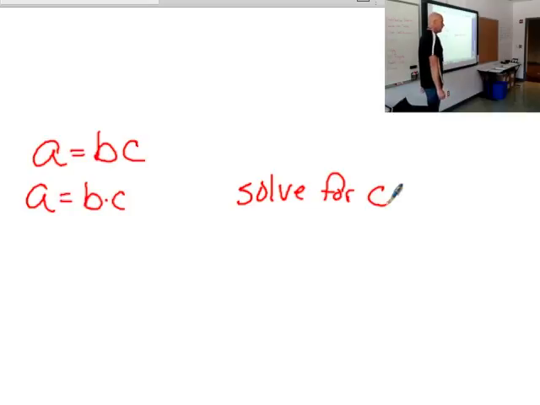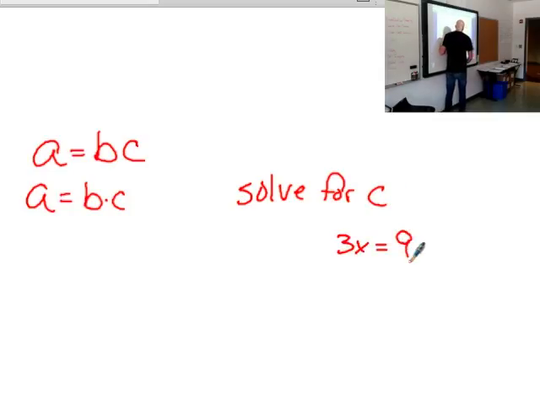Same thing as 3x is equal to 9. What do we do with 3? We divide, right? We do the same thing here. We're solving for C. We're solving for x. This is 3 times x. This is B times C. So how do we isolate C?